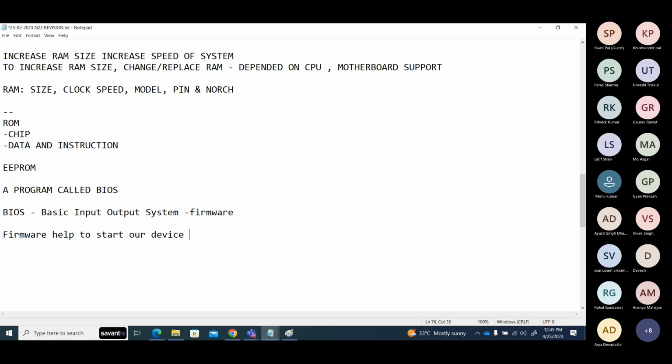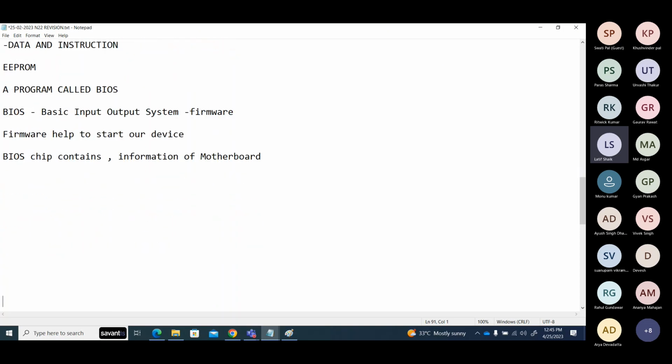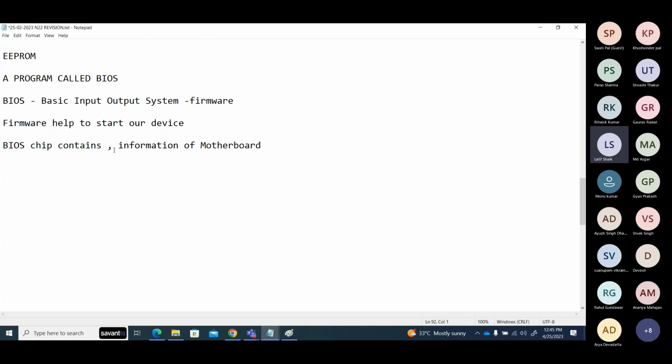So again, guys, the BIOS chip, our ROM chip, contains information of the motherboard. Your motherboard is manufactured, right? So that contains information of a motherboard.